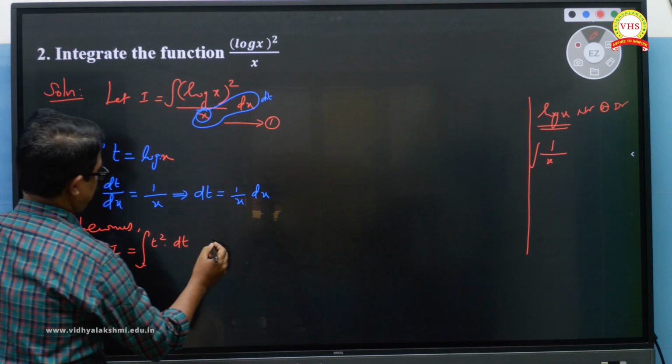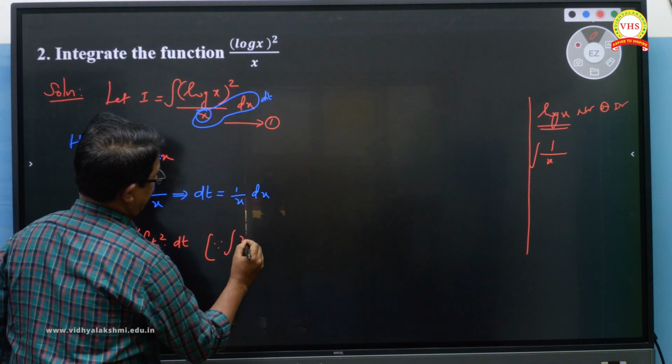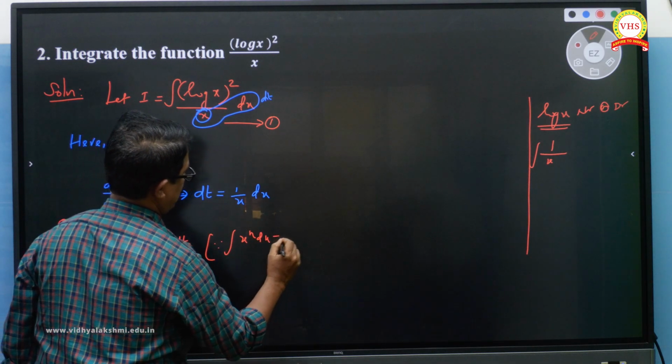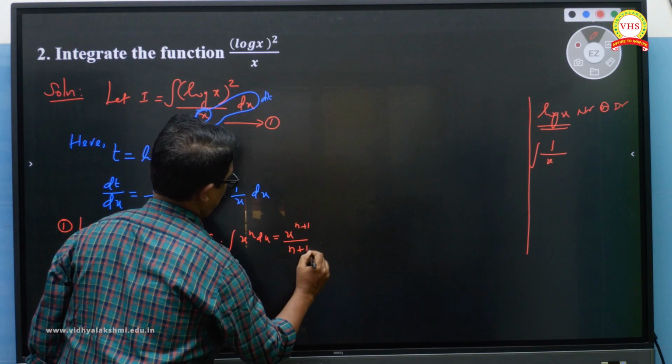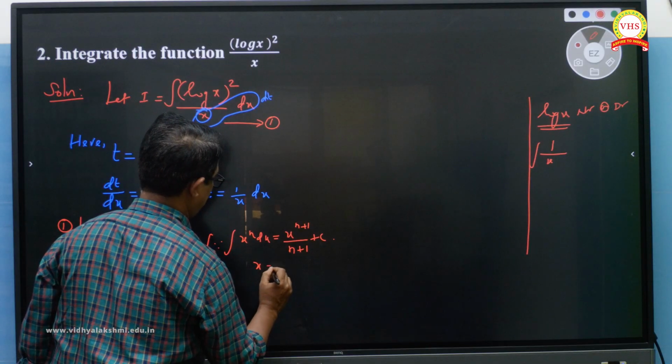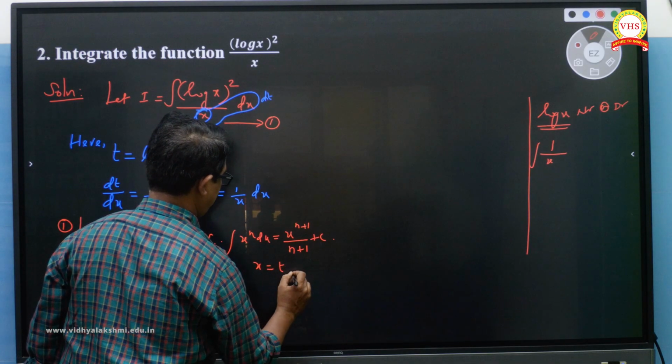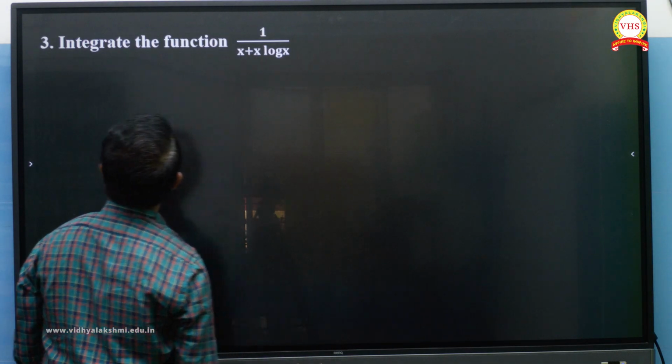Now integrate this. What is the formula? The integral of x to the power n dx equals x to the power of n plus 1 by n plus 1 plus c. Here x equals t and n equals 2.